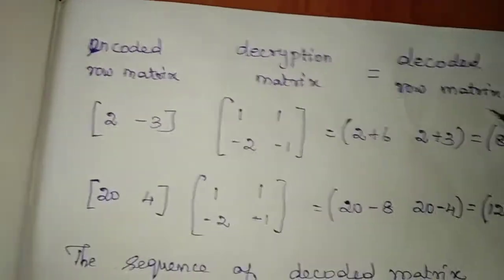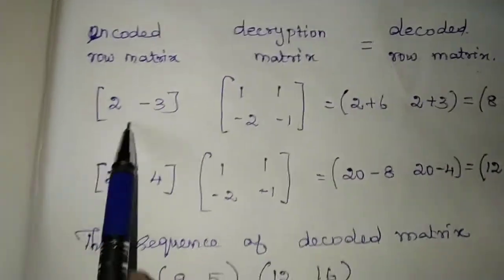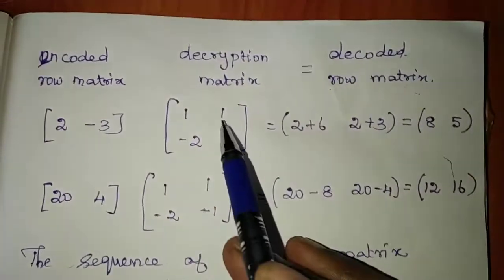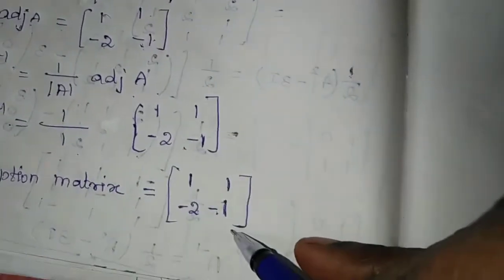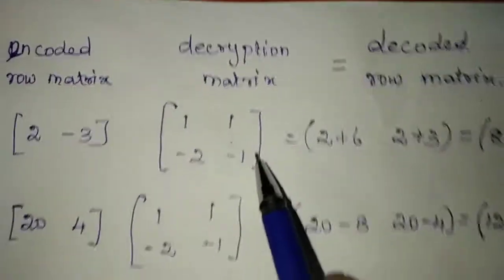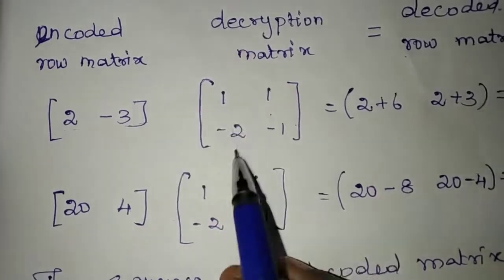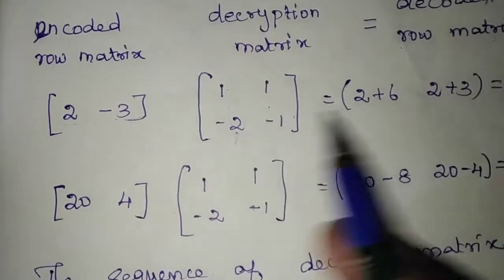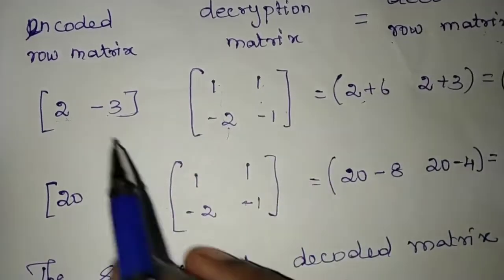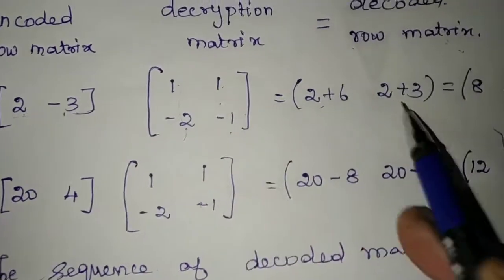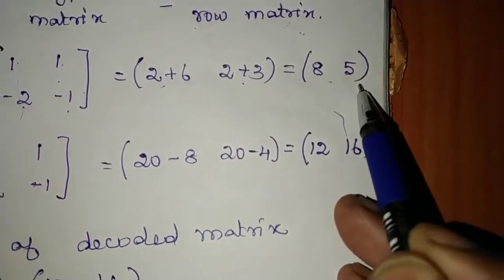Now we want to find the decoded row matrix. The encoded row matrix is given. The first encoded row matrix is 2, minus 3. Decryption matrix means A inverse. Now multiply row by column: 2 plus 6, next 2 plus 3, totally 8, 5.